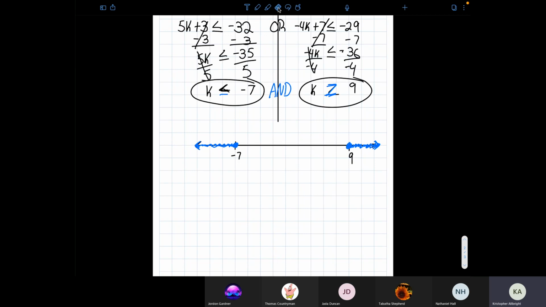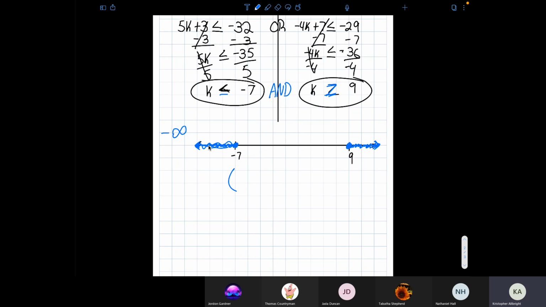So what's the set notation? Set notation is this. So we're going from the leftmost point on the graph. And the leftmost point on our graph is technically not on our graph. It's negative infinity. It's all the way left because we've gone less than negative 7.